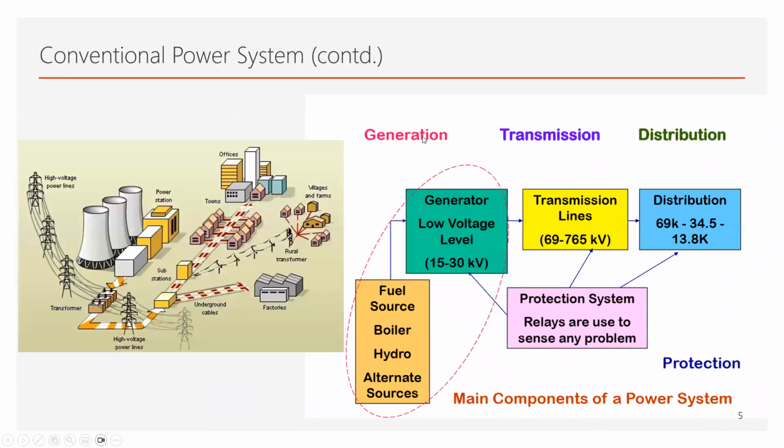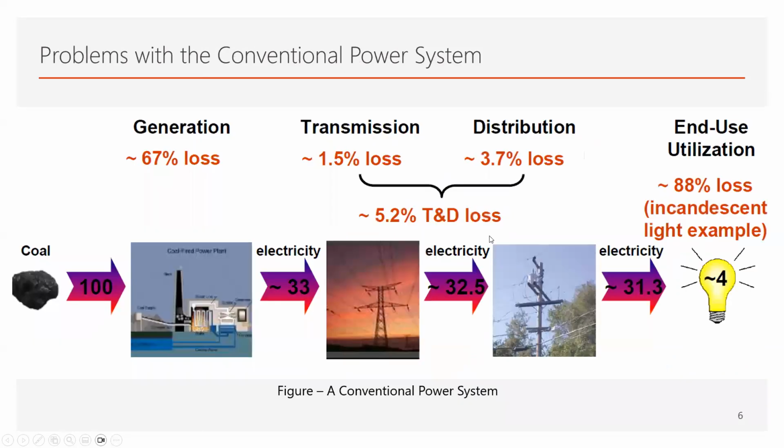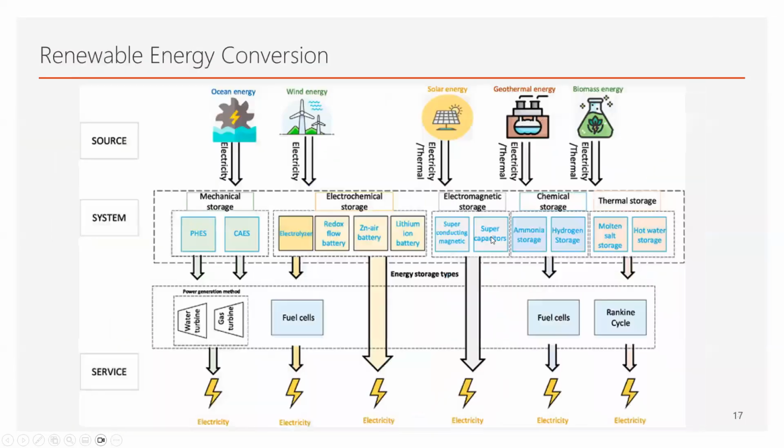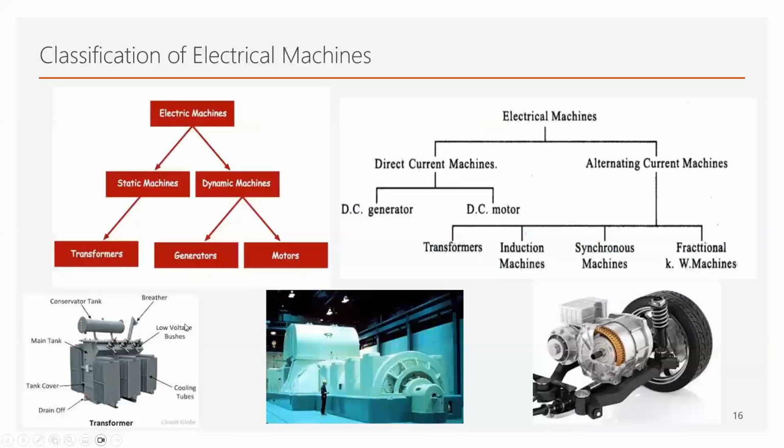In generation, the voltage is 15 to 30 kilovolts. In the transmission line, it is 69 to 765 kilovolts. So we needed some electrical device or machine that converts voltage from one level to another. That is done by a static device called a transformer.